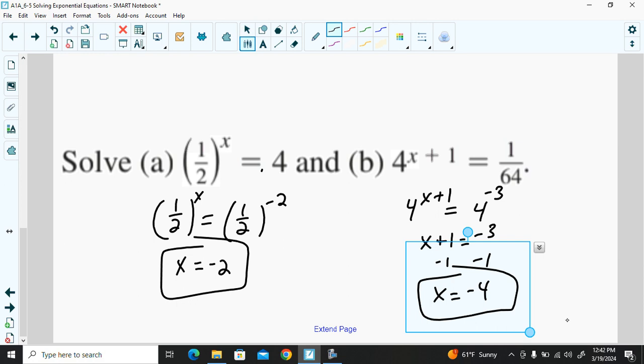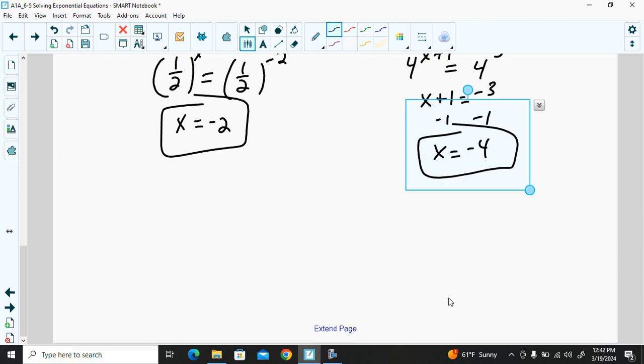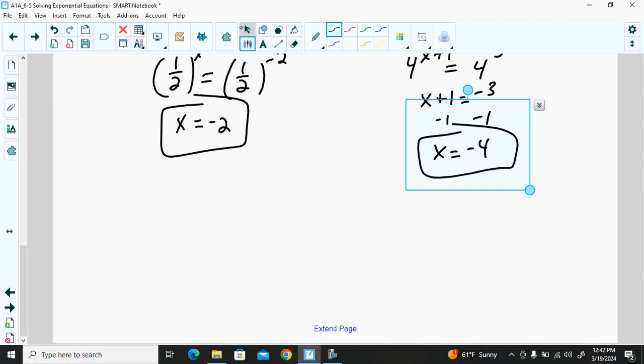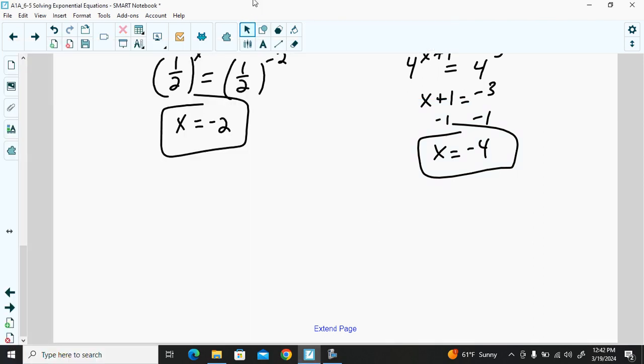Trying to go to the next page, and it doesn't want me to go to the next page. Eventually it will. Computer's bugging out here. Let's see if I can get this thing to stop. Oh, there we go. And next page.